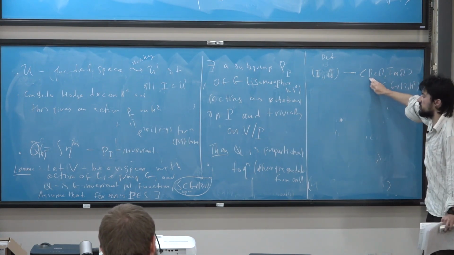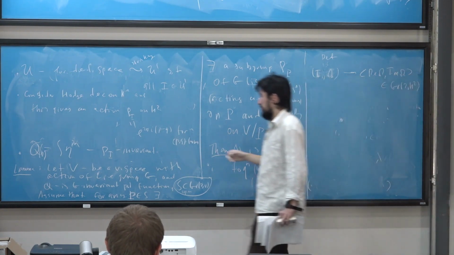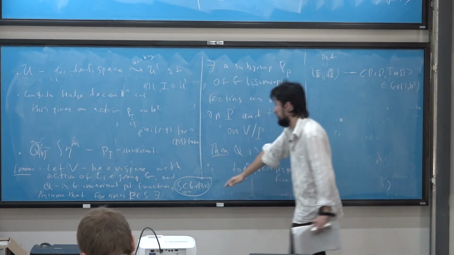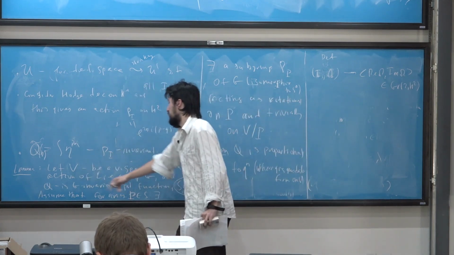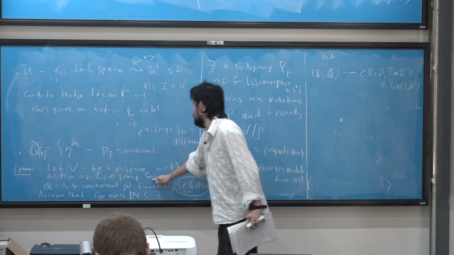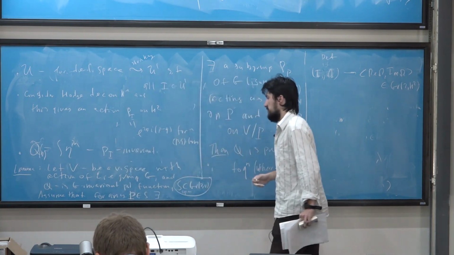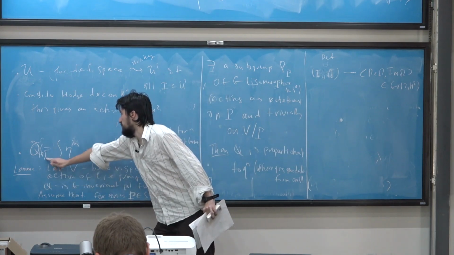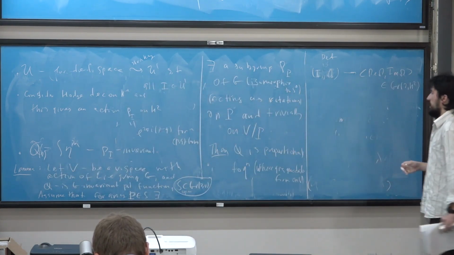It says that this image is open, quite the same as in the Kahler case. Using this argument, V is just H2 in our case, G is the group generated by rho I as operators, and Q is the same polynomial. By this statement, this polynomial is proportional to q to the n.